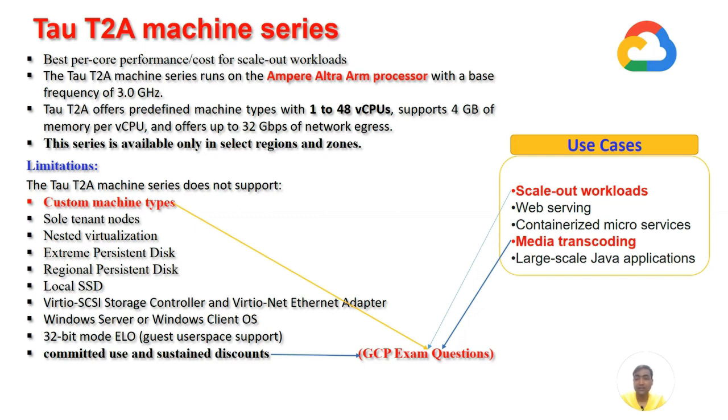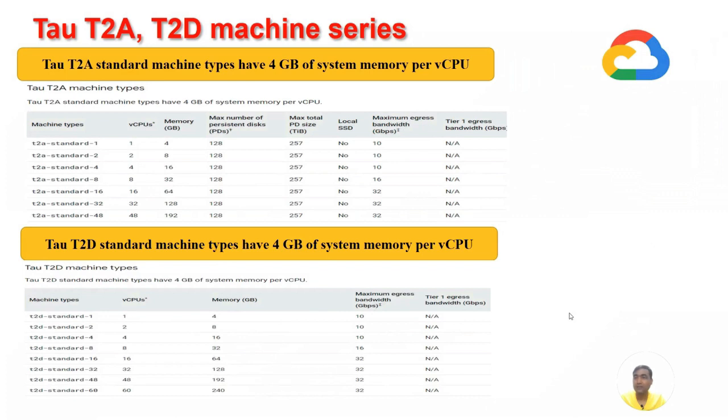As you can see here, it doesn't support the custom machine type, sole-tenant nodes, nested virtualization, extreme persistent disk, regional persistent disk, local SSD, and it doesn't support committed use and sustained use discounts. The use cases are the same, guys: it is best suited for media transcoding, scale-out workloads, and large-scale Java applications.